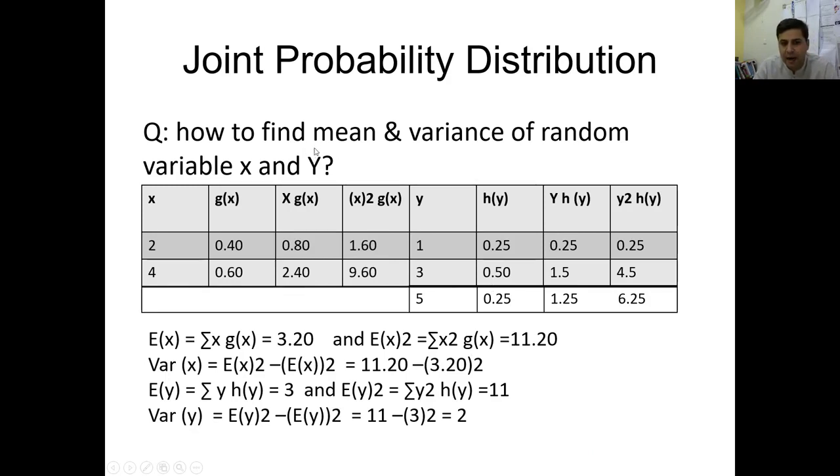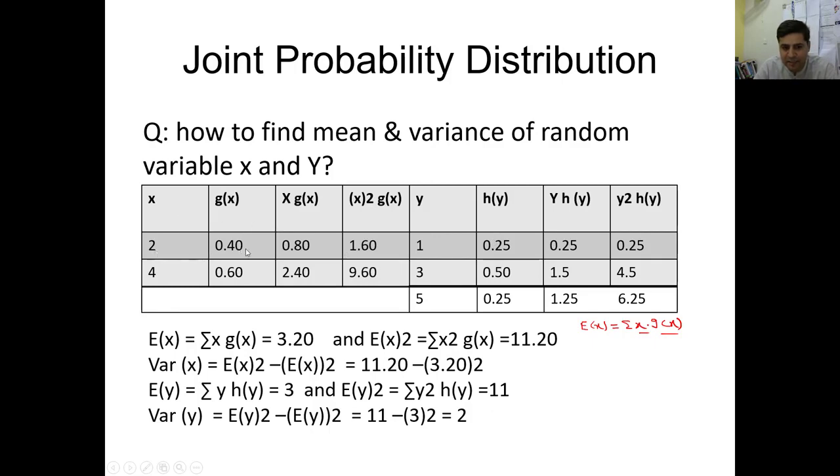Now the question is how to find the mean and variance of a random variable. You know how to calculate the mean and variance of a random variable. To calculate E(x), normally we write summation x into g(x).